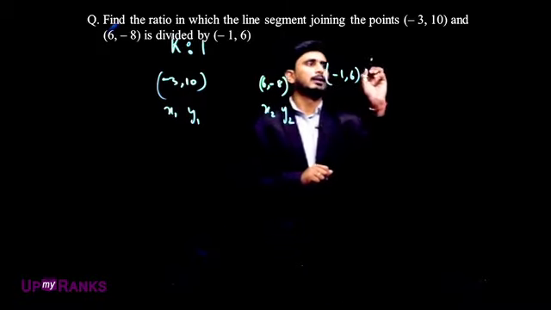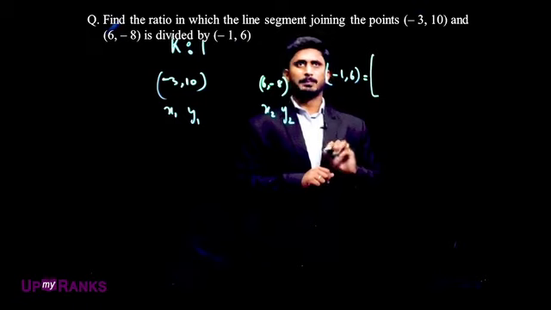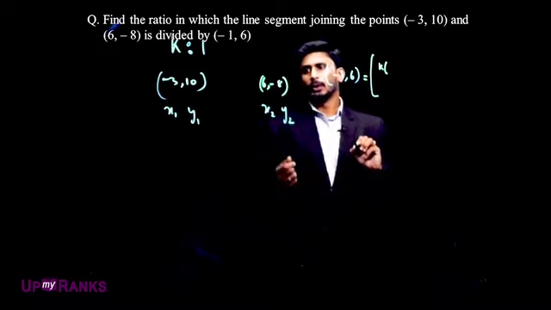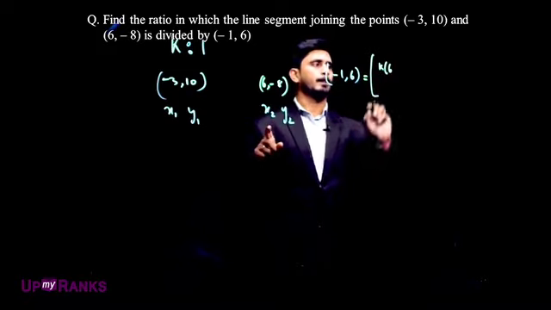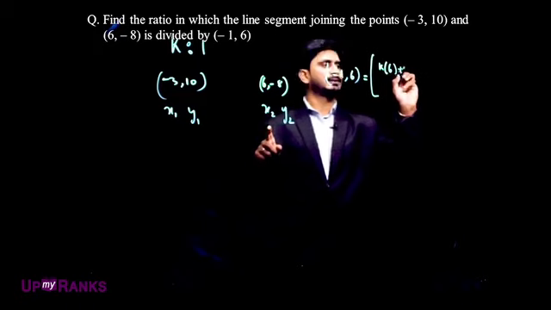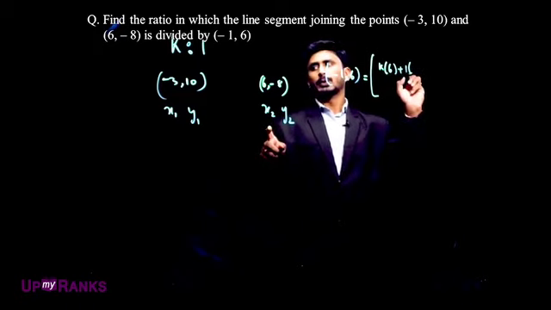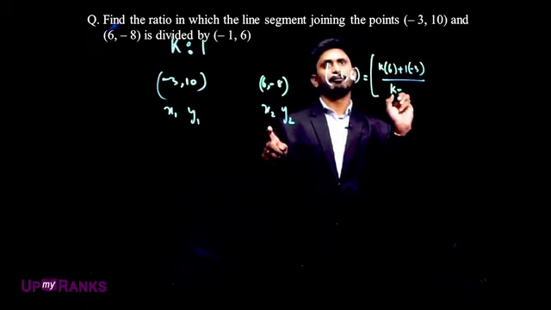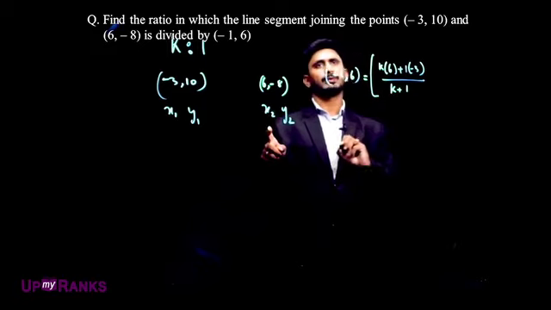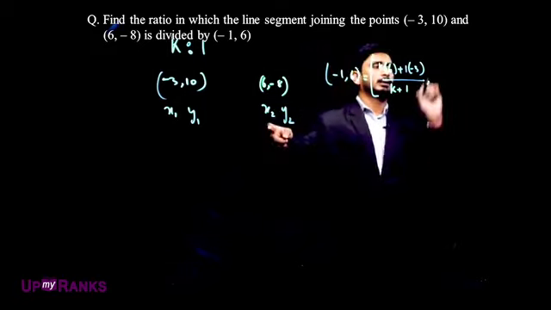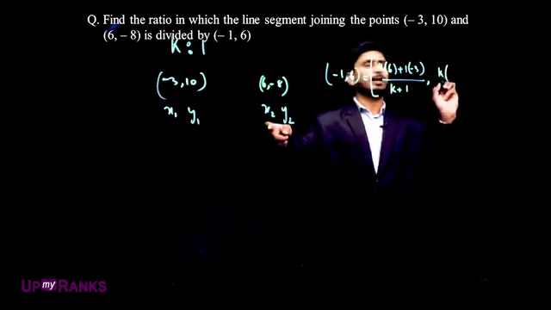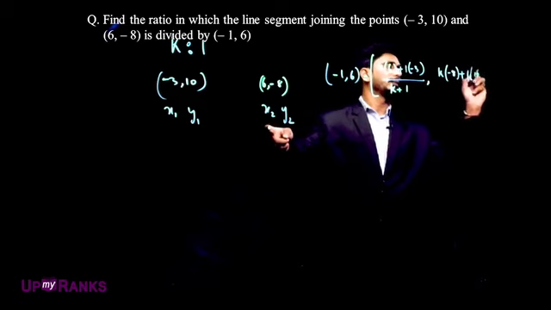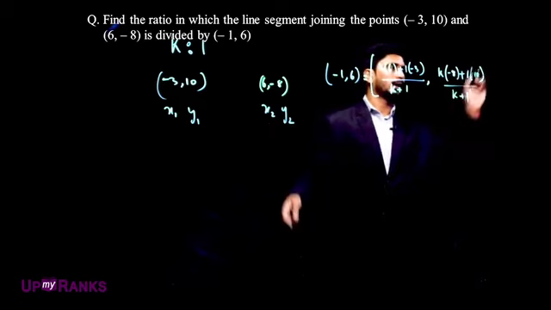So when I consider this in the ratio, I take -1 comma 6 directly in the section formula, wherein I have m1, which is nothing but k, into x2, which is 6, plus m2, which is 1, into x1, which is -3, divided by m1 plus m2, which is k plus 1, comma m1, which is k, into y2, which is -8, plus m2, which is 1, into 10, over k plus 1.